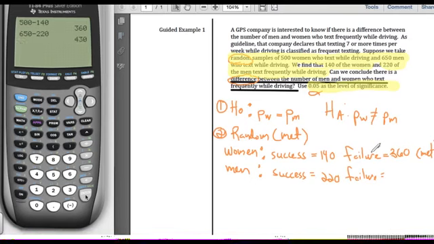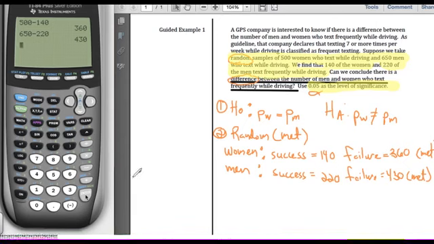That gives me 430. 220 and 430 are both over 10. That condition is met. This means I get to use the properties of the normal distribution. Z-scores apply, p-values apply, all of those things apply.